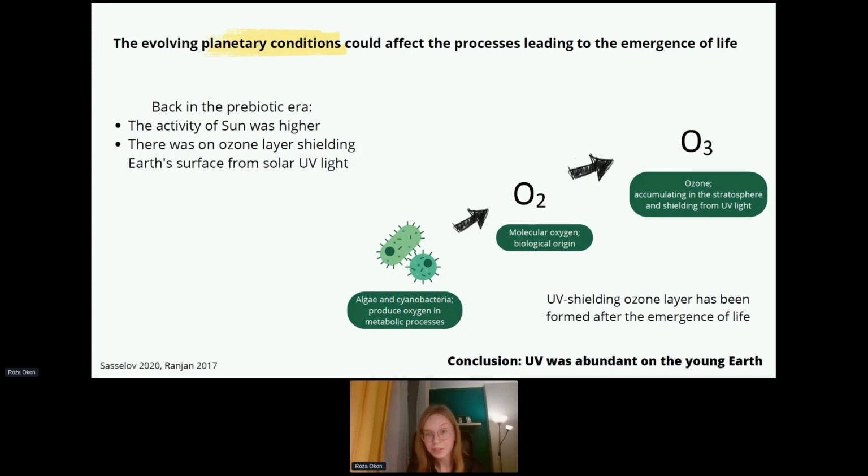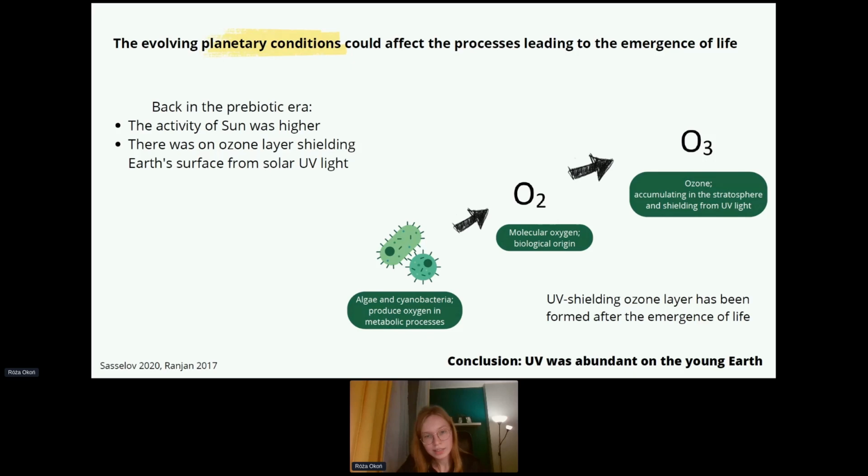We need it to breathe, but back in the prebiotic era, it wasn't present at all in the reducing atmosphere of Earth before the origins of life, and it is just one of the products of metabolic processes of some simple life forms like algae or cyanobacteria.